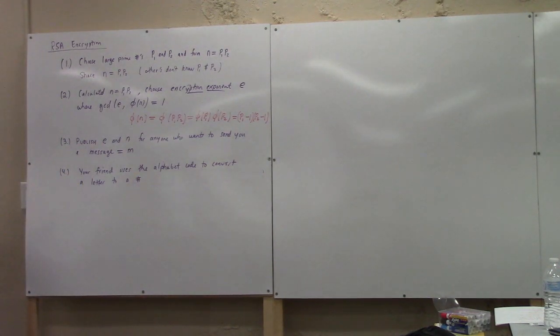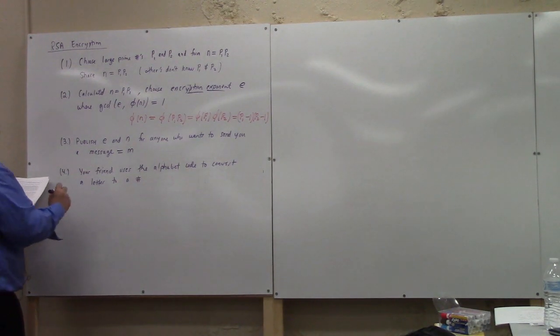For example, when I actually put numbers into this and work through it, we'll look at the message being J. So M will be equal to 10. All right. That's part number 4.